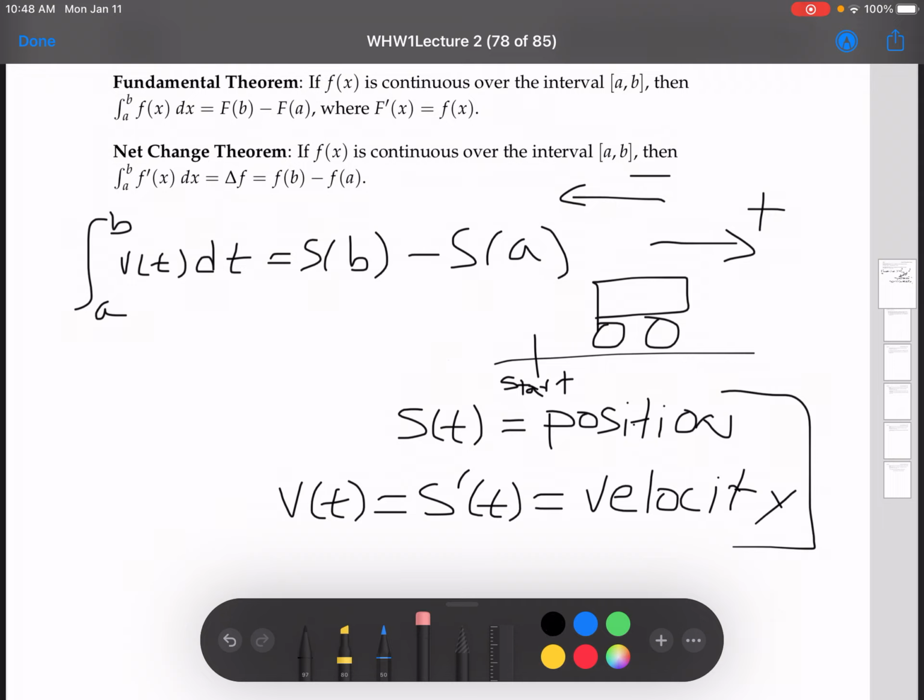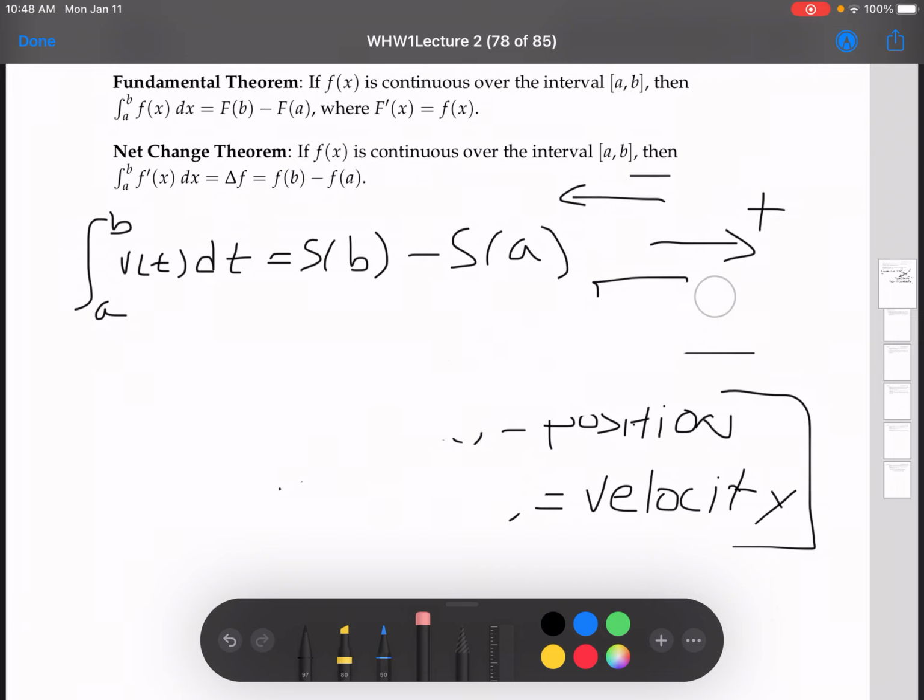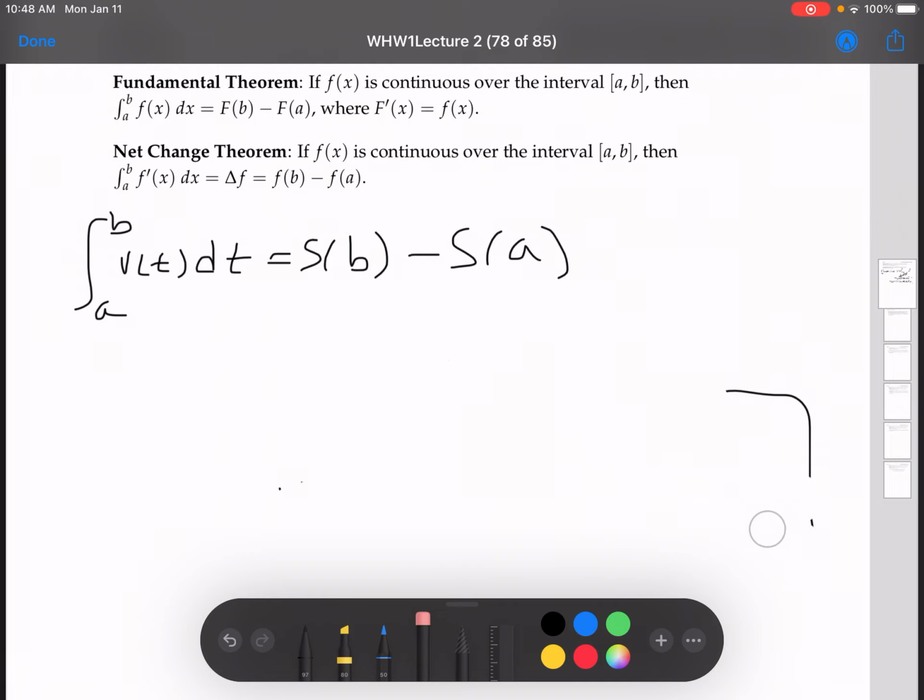So with this in mind, the way I personally like to think of the net change theorem, especially in this context with velocity and position, is this. Remember, v of t is s prime of t.